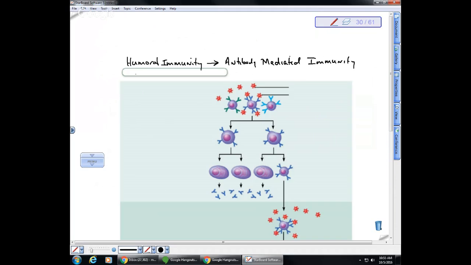The body humors are body fluids. So humoral just refers to an old term for body fluid, but it is in the blood. So humoral in this case means blood immunity, and it's antibody-mediated immunity. Okay. So those cells up there, these are different B cells.